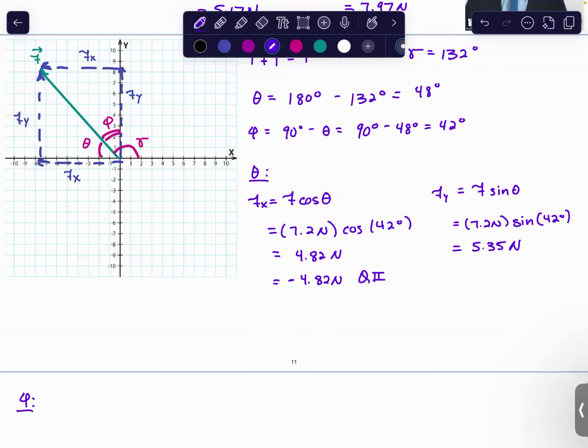Now, when we have an angle measured counterclockwise from the positive x-axis, that's our gamma. So that's going to be this angle right here. In this case, we can use our generalized equations.